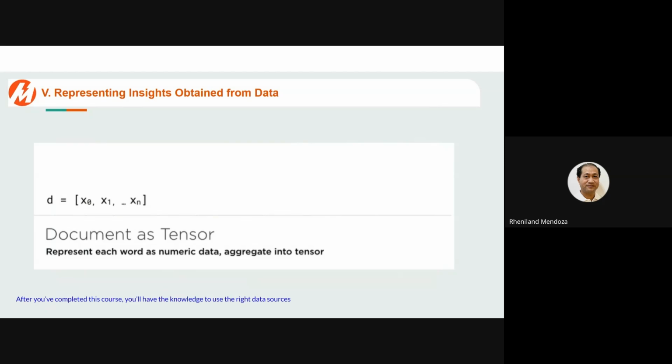So once all of the individual words have numeric form, this document can be represented now as a tensor or a matrix of numbers.